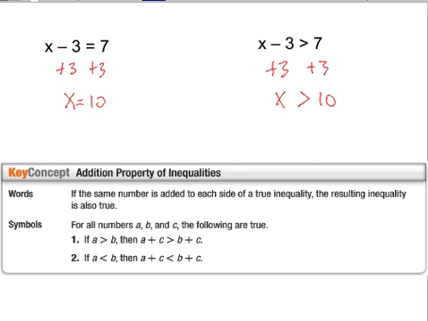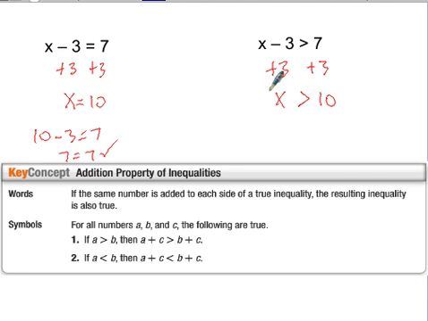So there you go. If I wanted to check this solution, it's not quite the same as checking the solution of an equation. To check the solution of the equation, you would choose this number, 10 minus 3 equals 7, and then we would have 7 equals 7, and that's true, right? Okay, for an inequality, this tells me that x has to be greater than 10, right?